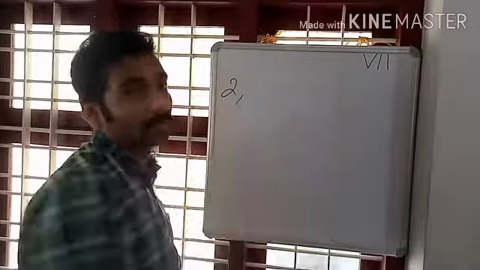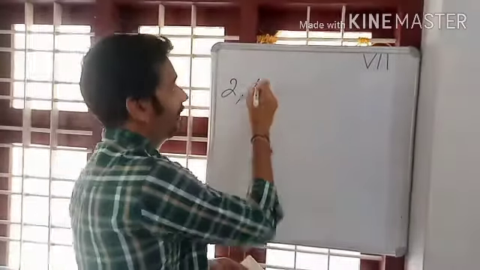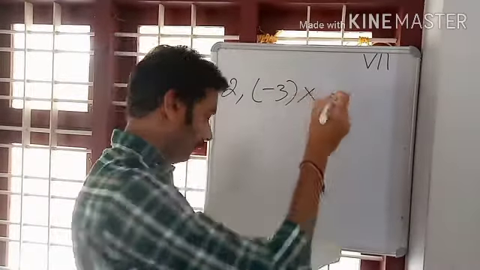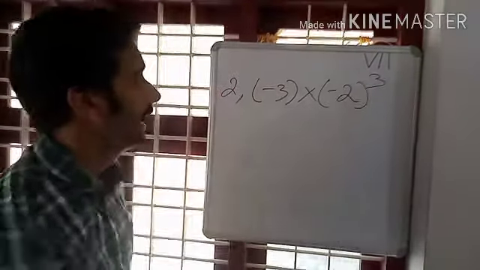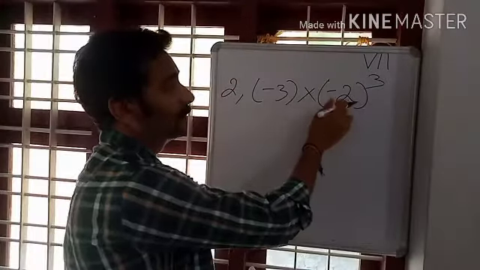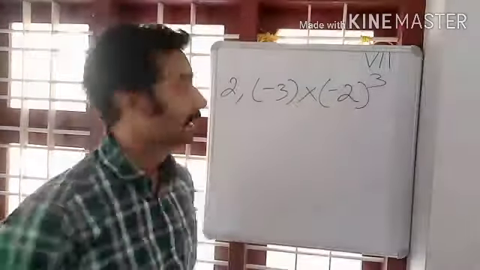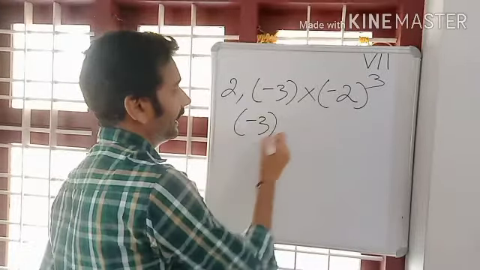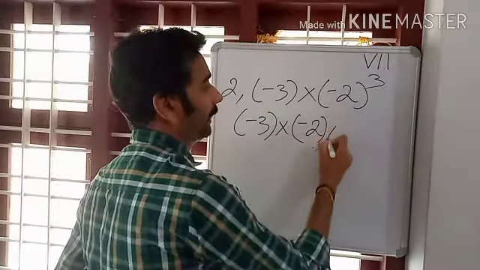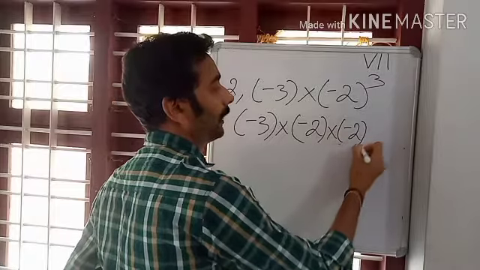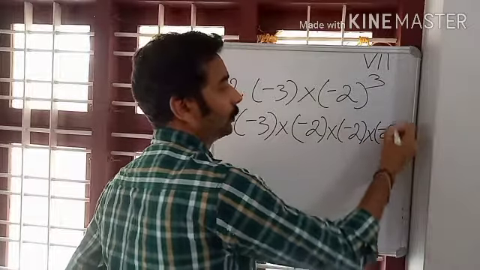Then second question, minus 3 into minus 2 all cube. That means minus 3 into minus 2 cube, that is minus 2 into minus 2 into minus 2.